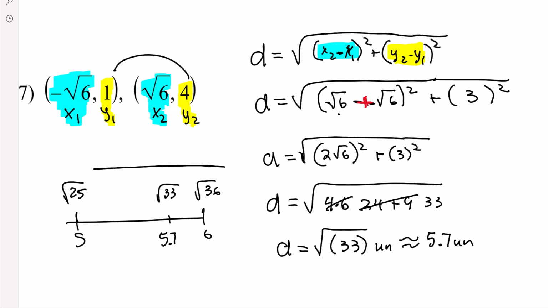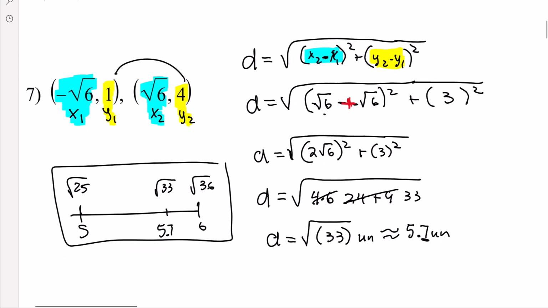So this method right here is a way you could do it if your teacher does not allow you to use a calculator on exam. And my guess is that as long as you're pretty close, you're going to be granted most points. All right, that's the distance formula.